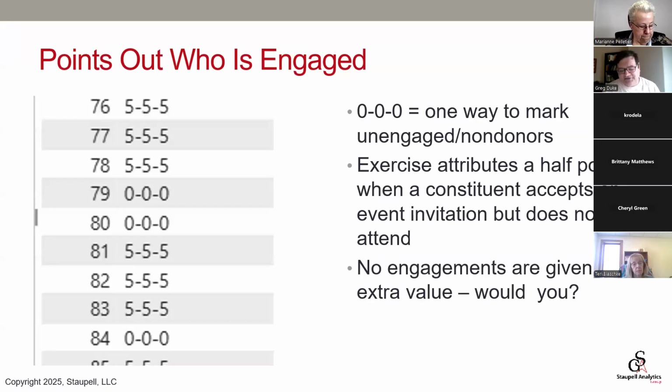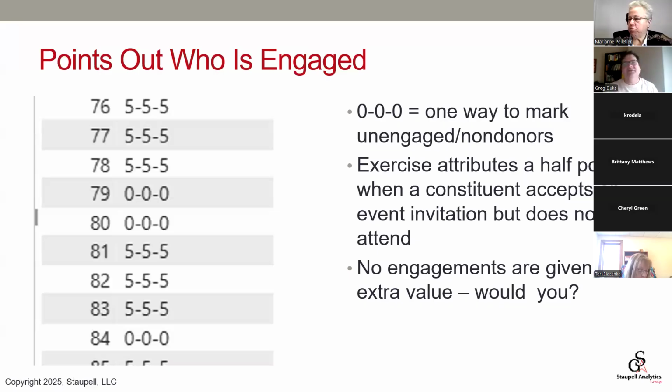And there's a second reason I thought of after discussing this: it just makes it a lot easier to categorize your non-donors and your non-engaged. Let's say you've got a program with a filter, say Power BI or Excel, and you don't want to see any of your non-donors.